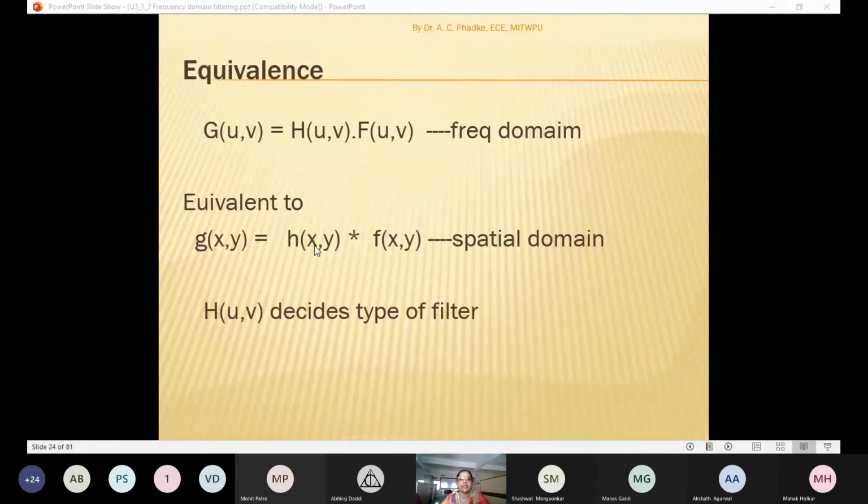So h(x,y), two-dimensional convolution with f(x,y), gives you the enhanced image in the spatial domain g(x,y), and the same thing we are achieving in the frequency domain by simple multiplication. So this is your filtering in the frequency domain. Now according to the type of this filter function H(u,v), we can have different types of filters.